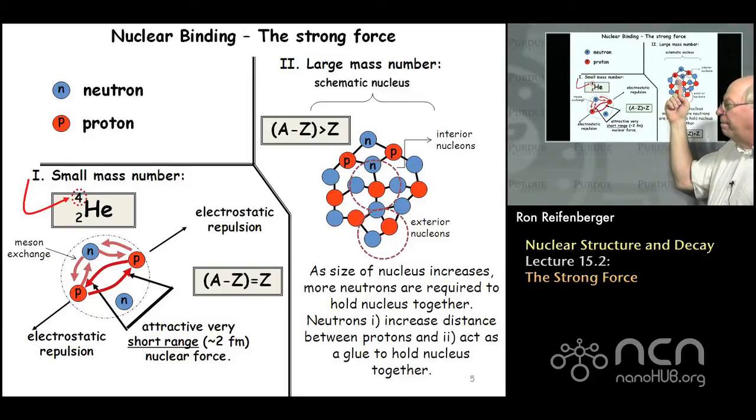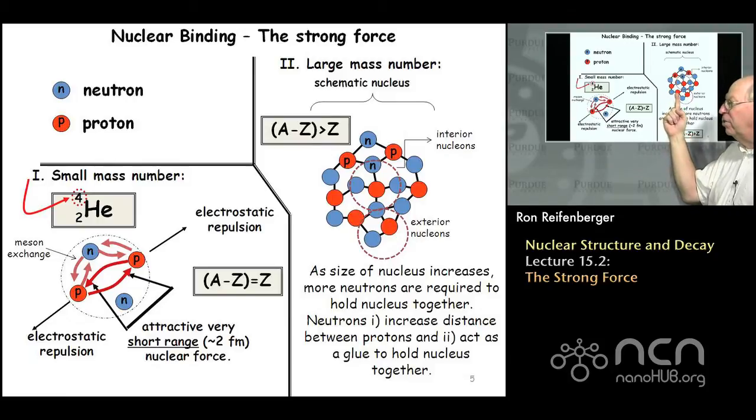So you have to make the distinction between interior nucleons, where for instance you might have a proton that's surrounded by a certain number of neutrons, and the neutrons and the protons are all being attracted one by another by this very strong nuclear force, right? You have to distinguish between those interior nucleons and the exterior nucleons.